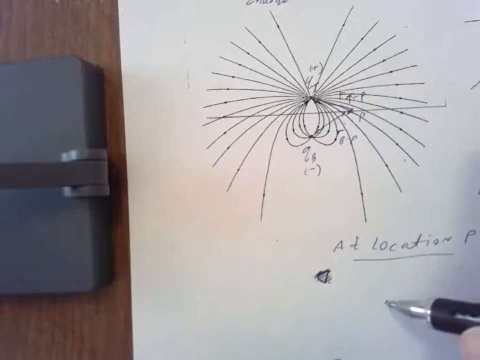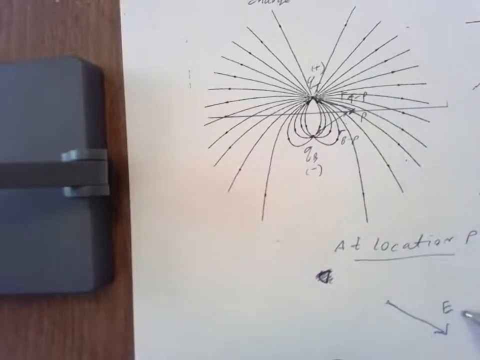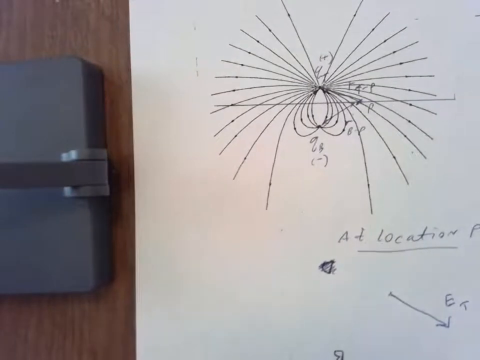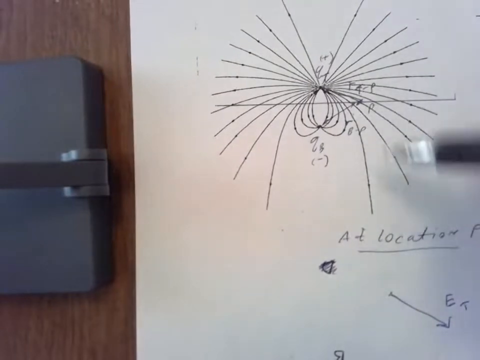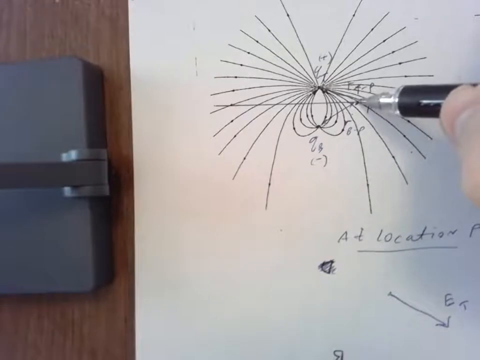So I'm going to try to draw that in my little diagram here. This would be the direction of the electric field of the top charge, because that top charge would be repelling a positive test charge.